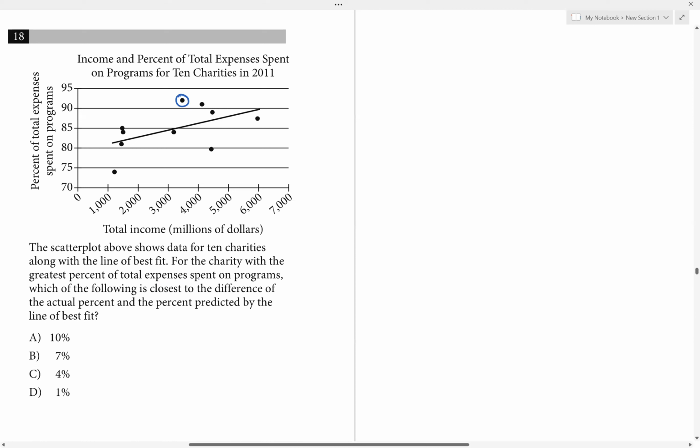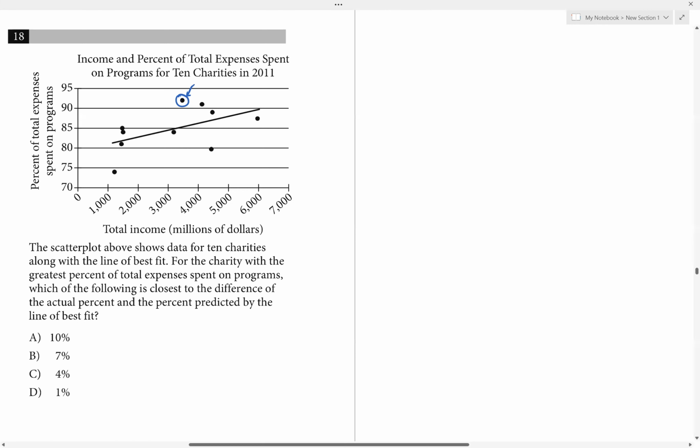Based on the actual data points, we come up with a line that we can use to make predictions. So the dot is the actual value and the line is the predicted value. We want to check for this point: what's the difference between the actual percent and the predicted value?